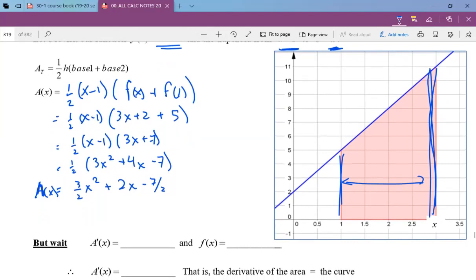A prime: if we take the derivative of that area function that we just found, the derivative of 3/2 x squared is 3x, plus 2. That is our derivative, but f of x was also 3x plus 2.